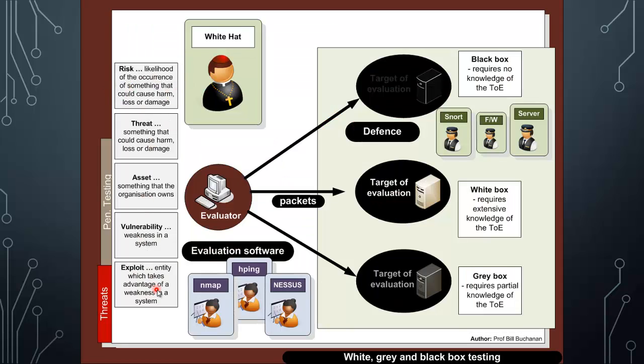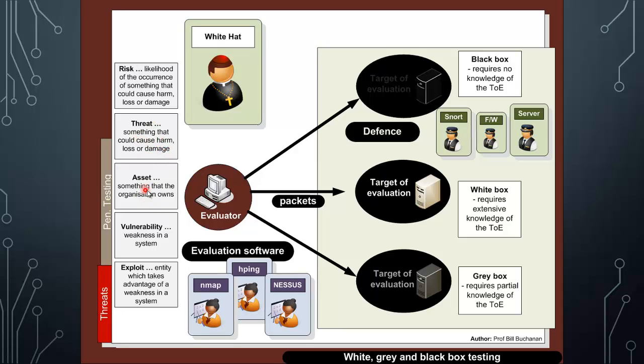Okay, so the important thing about pen testing is we need to understand what each of the terms actually mean. So risk is a likelihood of an occurrence of something that could do damage or cause a loss. A threat is something that could do damage, loss or harm.